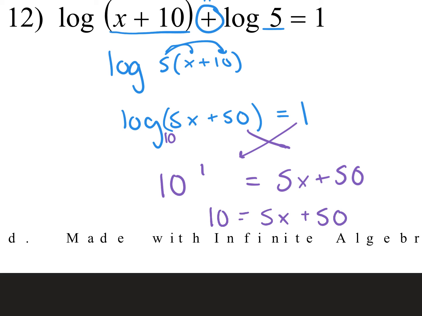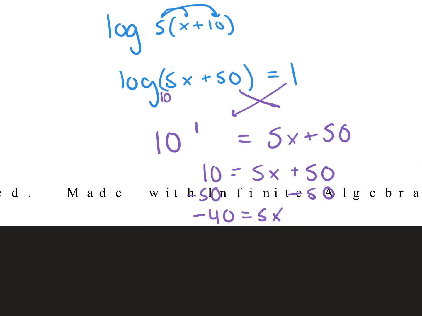What would I do next? Subtract 50. So what's 10 minus 50? Negative 40. And then what's the last step? Divide by 5. So what's negative 40 divided by 5? Negative 8. Awesome.